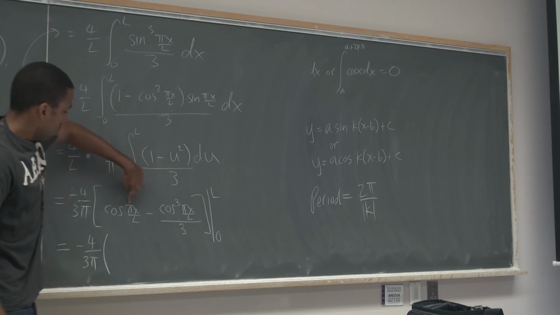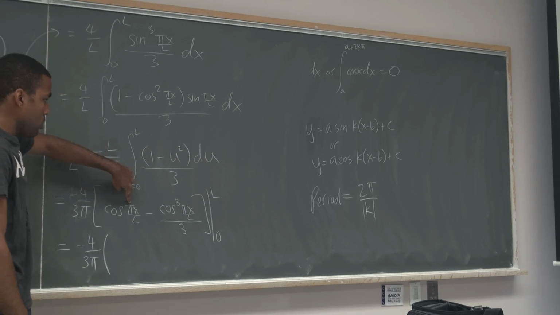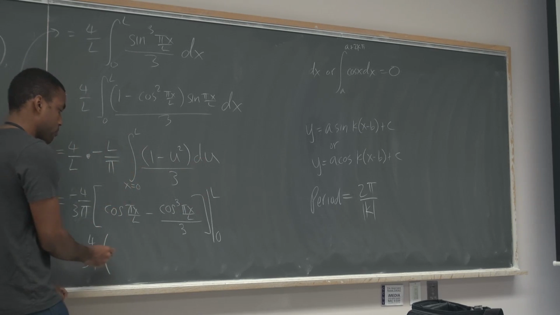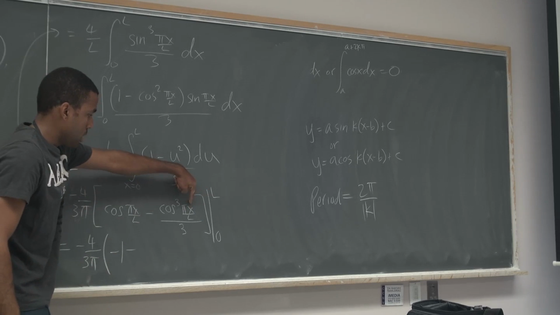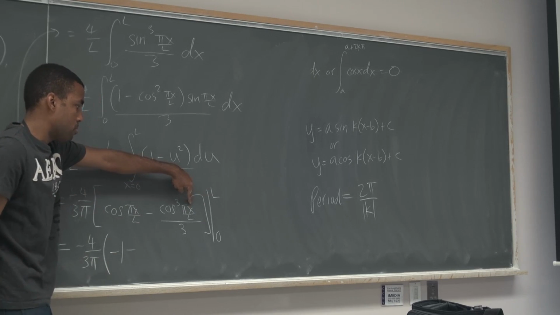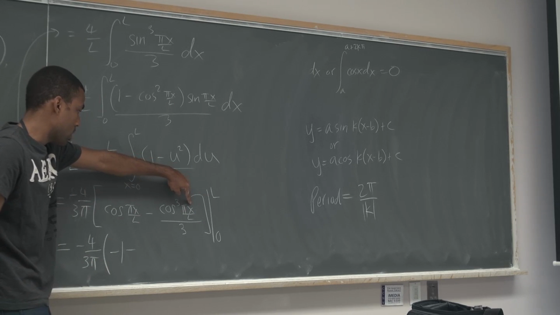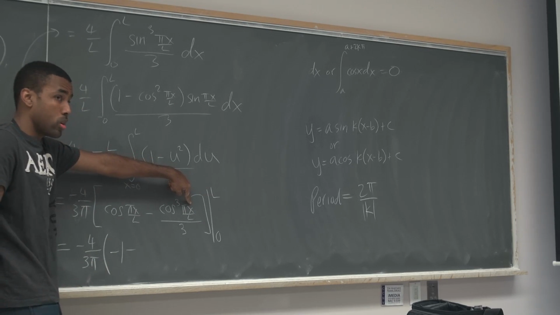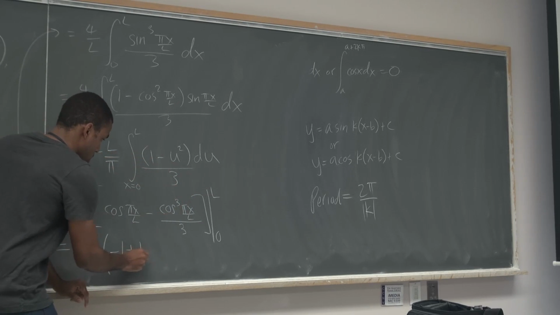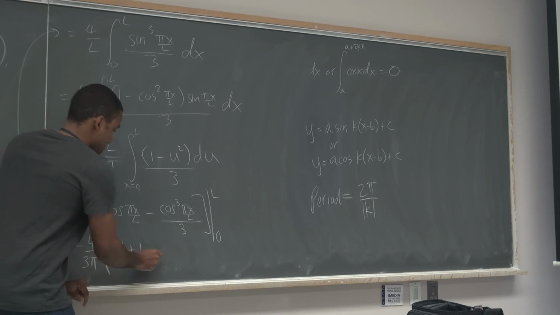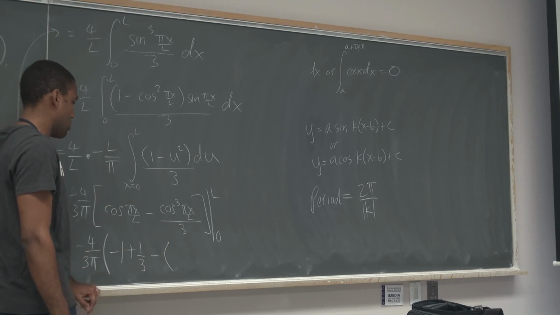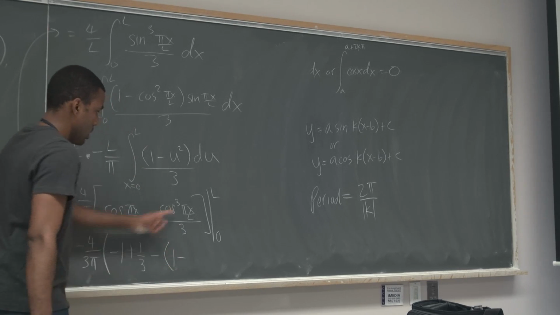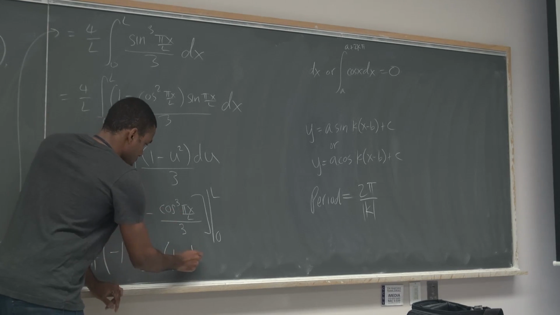So plug in L, I would get cosine of pi, which is negative 1. Again, plug in L here, I get cosine of pi, which is negative 1, and I cube that, so I get another negative 1. So it's plus 1/3. Minus, plug in 0, cosine 0, which is 1, so this is minus 1/3.